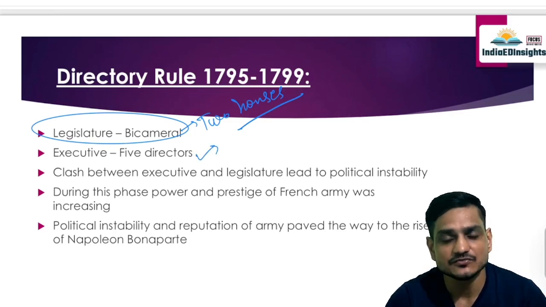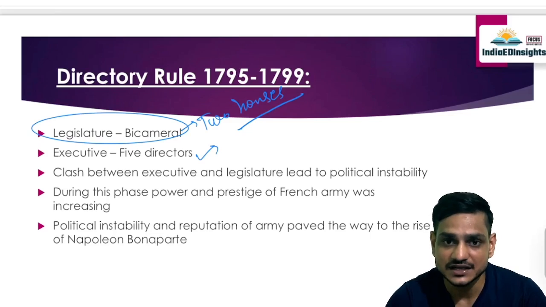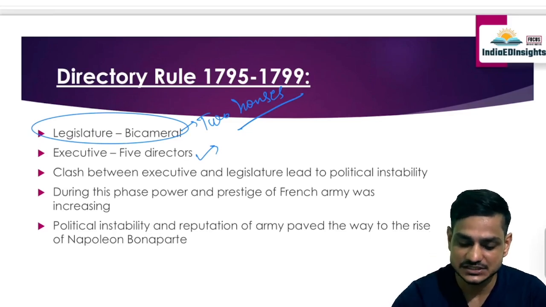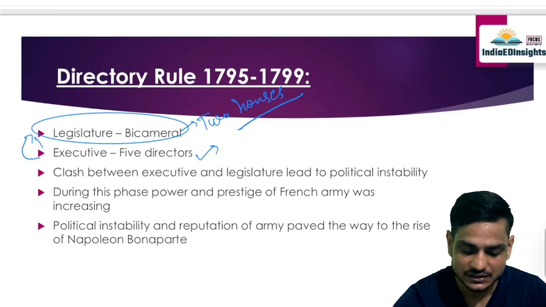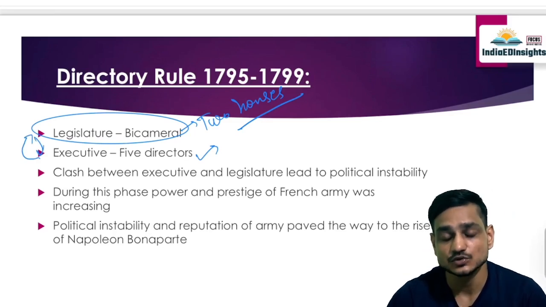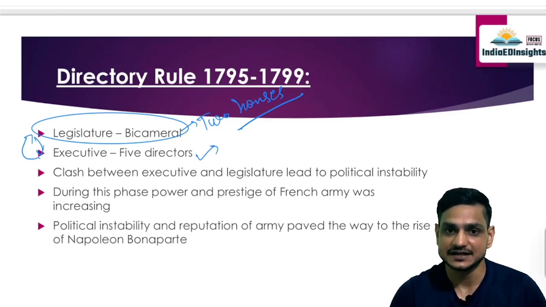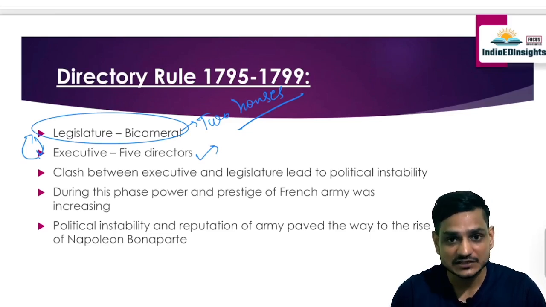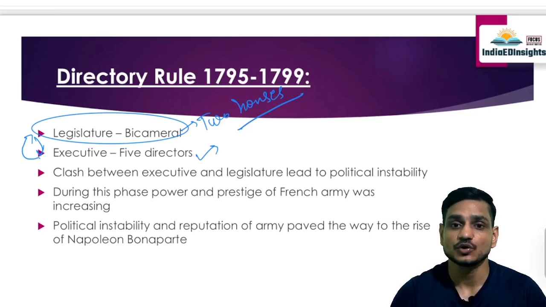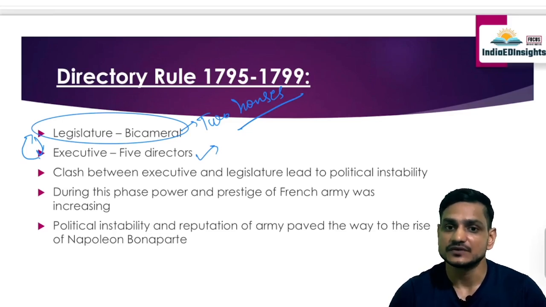Now there were five executives. These five executives had no coordination between them, and there was a tussle between the executive and legislature. Because of the tussle between legislature and executive, and between the directors themselves, there was a lot of political instability in the French society.